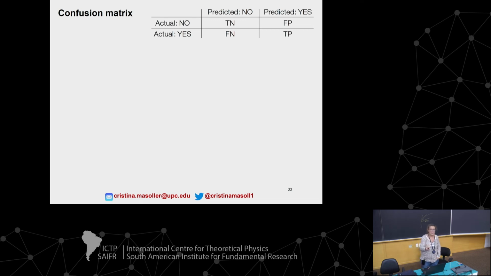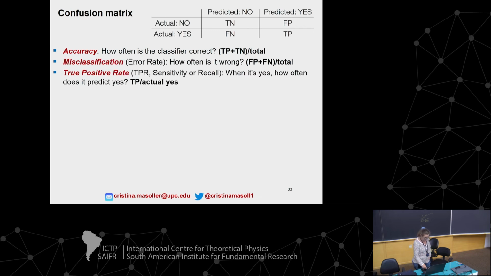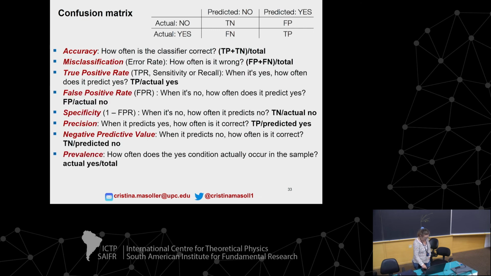Then you predict that some link is not significant, but it is actually significant, so it's a false negative. The true positives are the ones that you detect and exist, and the false positives are the ones you detect, but they don't exist.